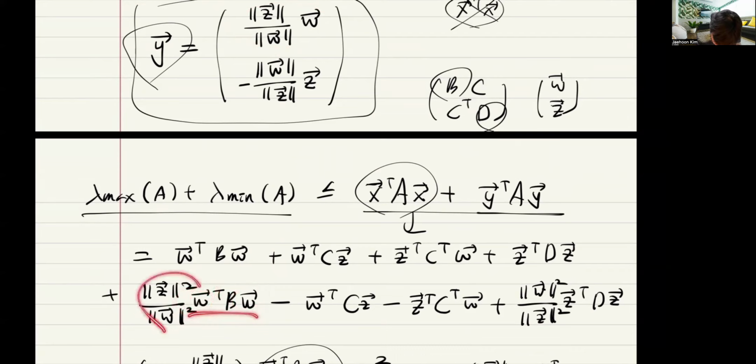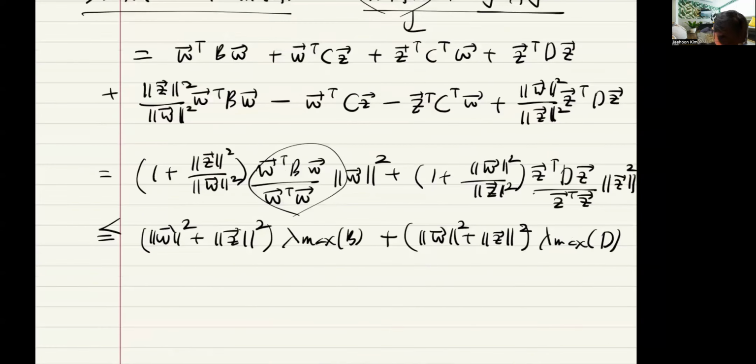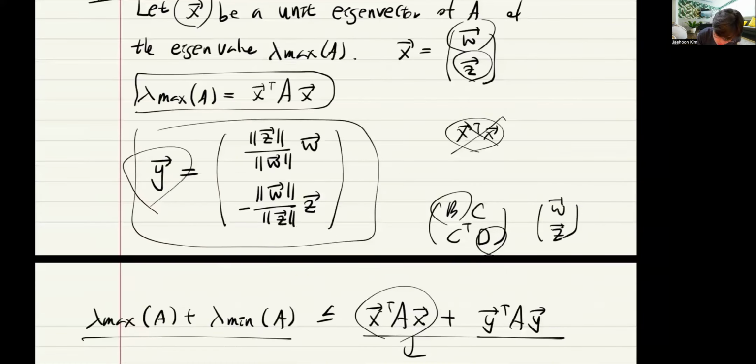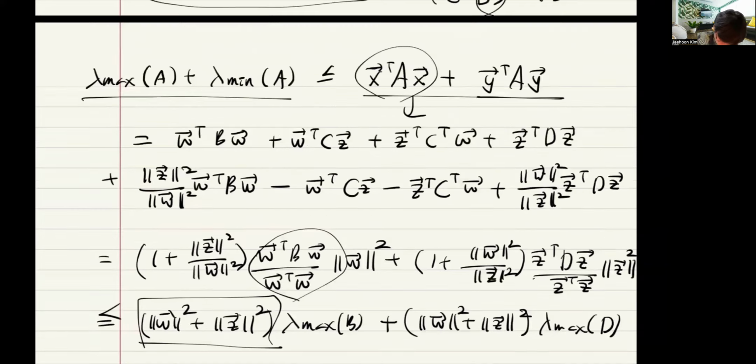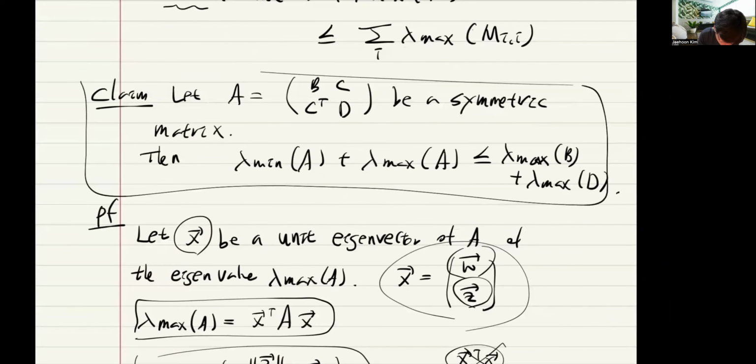So this is a quadratic form, so these are squares. So you have this. And we know that this is the same as the norm squared of x, which is 1. So you get this. So this proves the claim as we wanted.